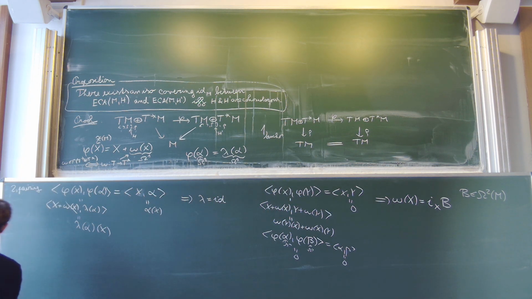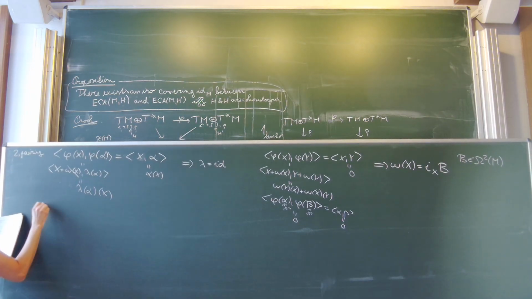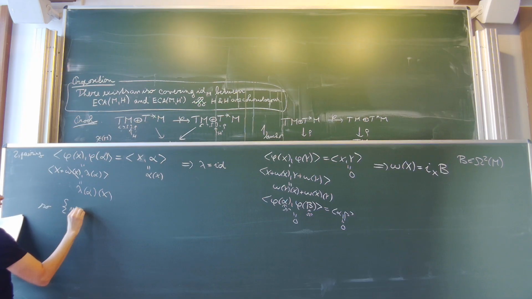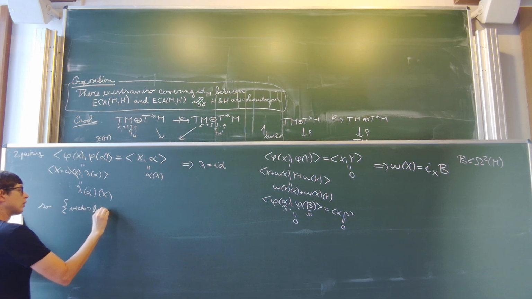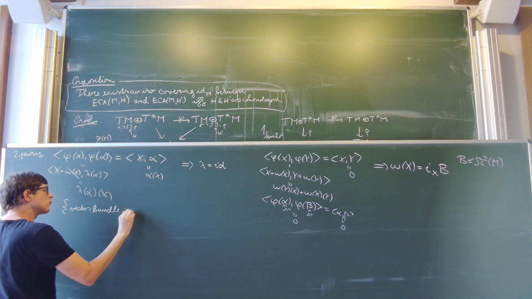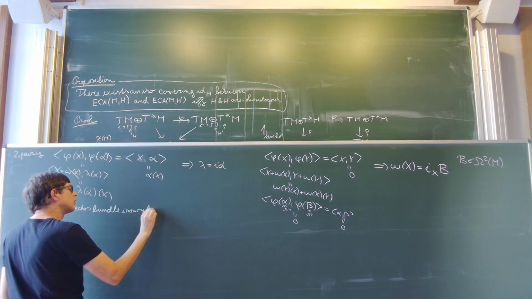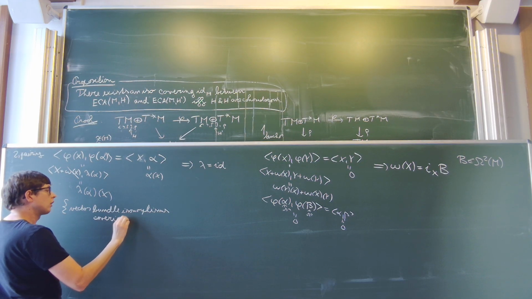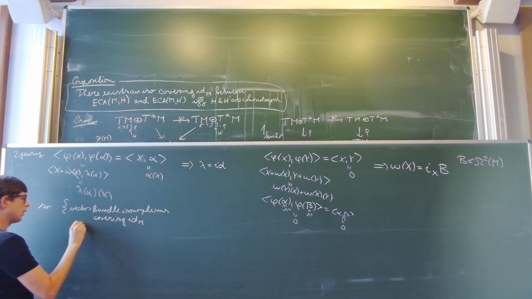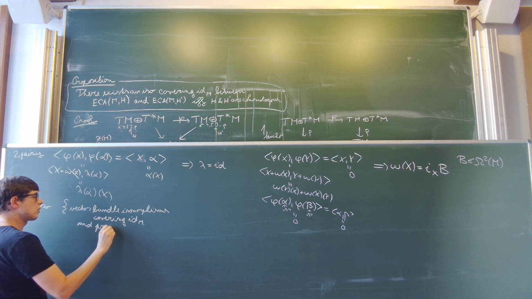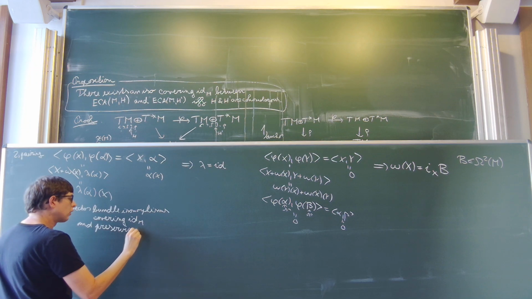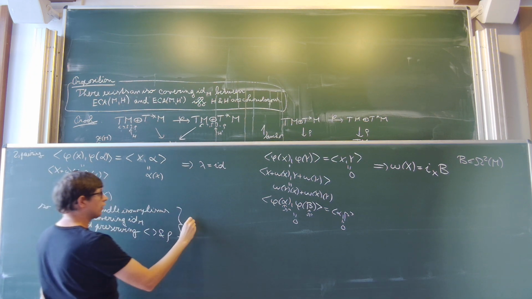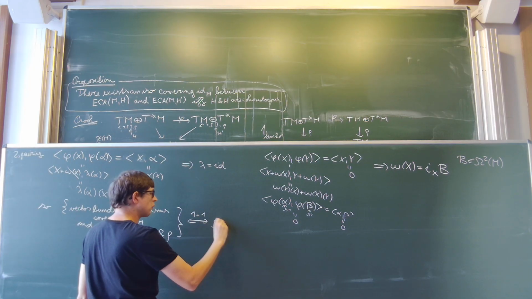So the conclusion is that vector bundle isomorphisms covering the identity map and preserving the pairing and the anchor are precisely given by two forms.